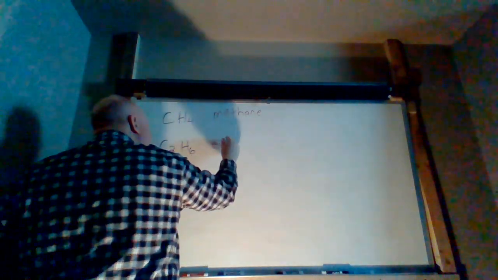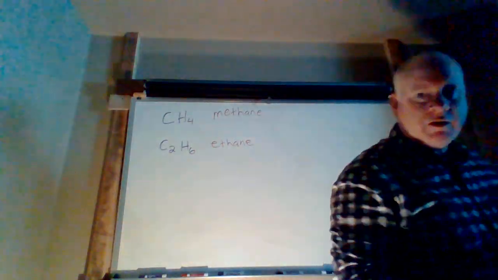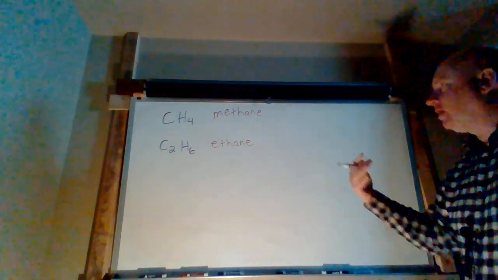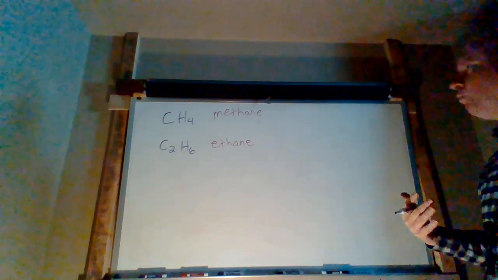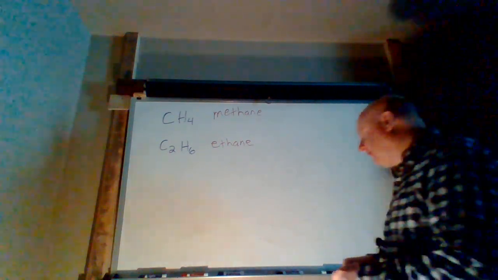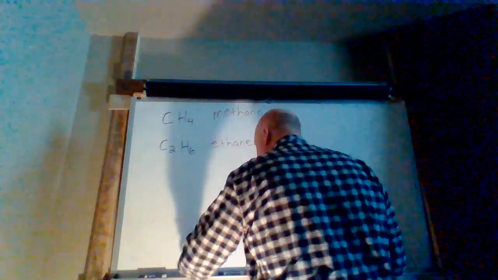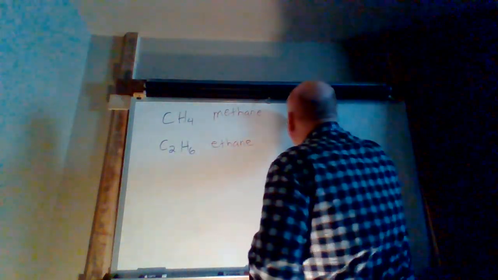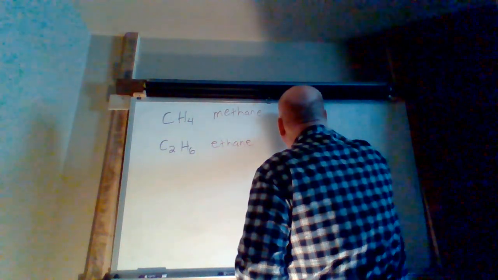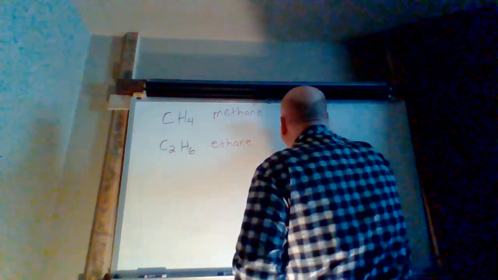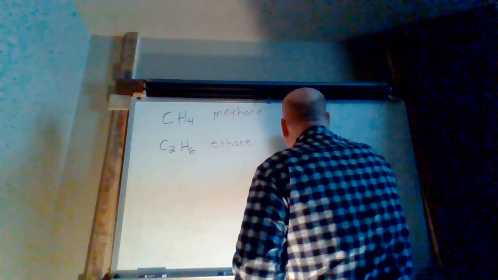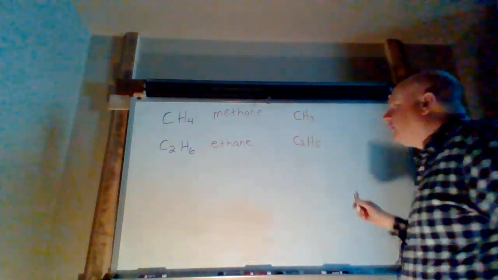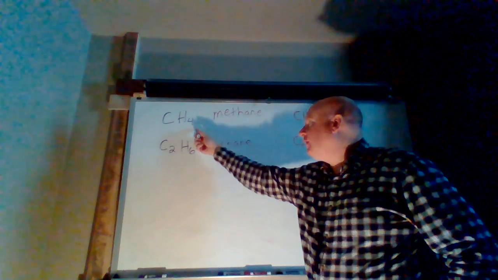We know that this is methane. And we know that this is ethane. Those are the hydrocarbons that we would actually utilize for this, and this comes from prior knowledge. But one of the things that we want to discuss today is what we call derivatives. So we have this molecule, which is called CH3 and C2H5. Now we know that this is one hydrogen short in both examples.